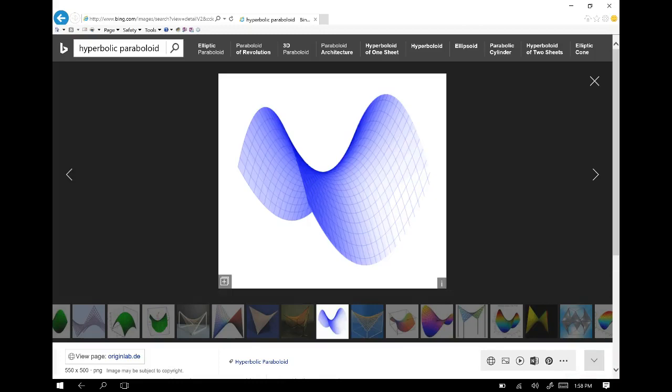I kind of like this one because if you look right there in the center, like right where you would sit on the saddle, from one perspective, it looks like a minimum value. It's like the low point of the parabola. But if you spin that and you look at the exact same parabola from the other perspective, it looks like the maximum point, the max vertex of the parabola that opens down.